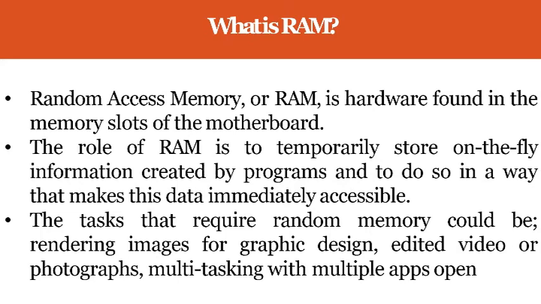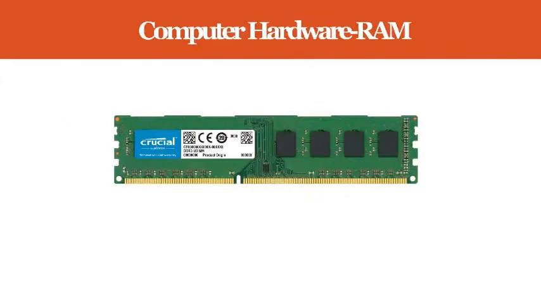So the tasks that require random access memory could be rendering images for graphic design, editing video or photographs, and then of course, multitasking with multiple apps open. Okay, so that is the actual image of the RAM.